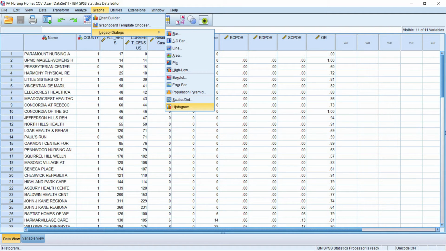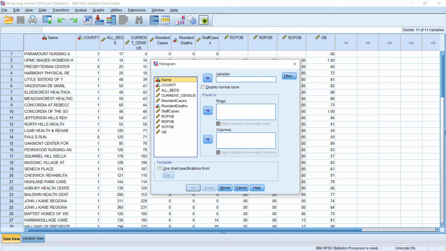histogram, and let's see if we can do resident cases per occupied bed, and we'll do county.